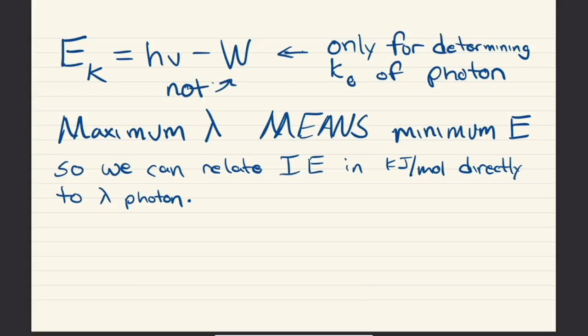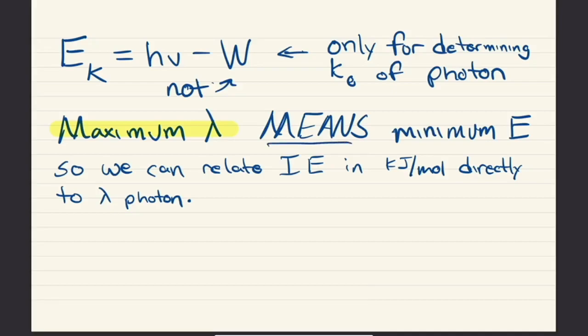because this is for determining the kinetic energy of the electron once it has been ejected, based upon the difference between the energy of the photon and the threshold frequency. Another very important thing that we must get from the problem is that the maximum wavelength means the minimum energy, okay?